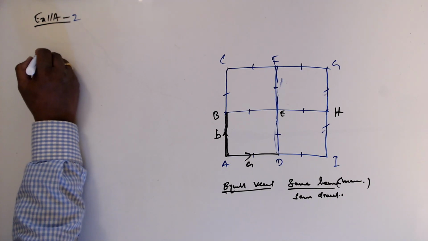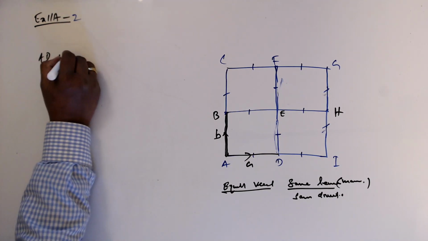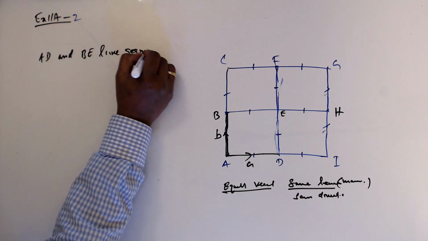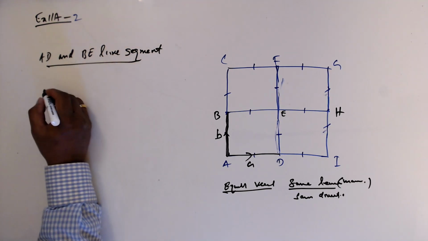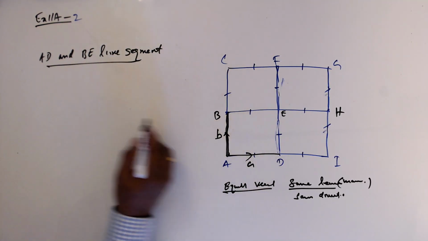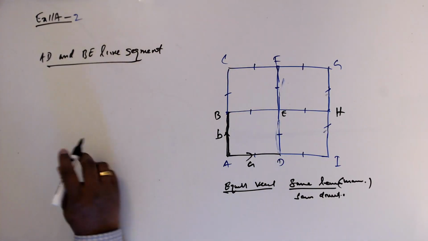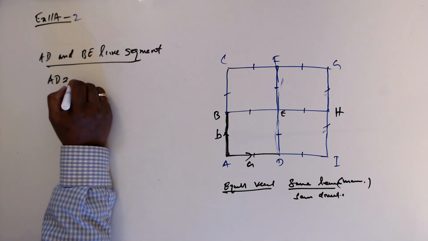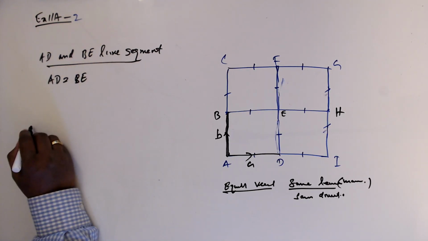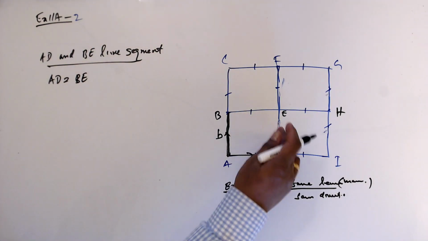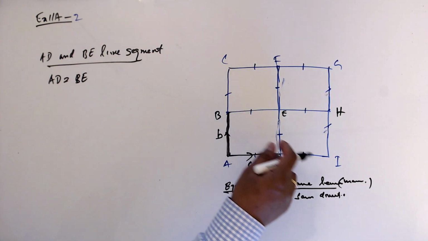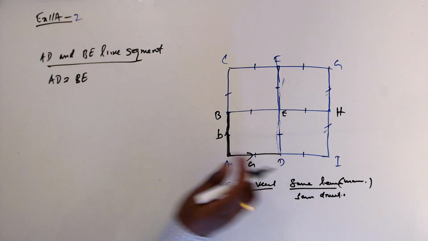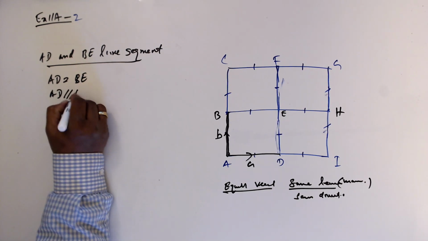First of all, I'd like to consider the AD and BE line segments. When we consider AD and BE line segments, we know AD equals BE because this is a square and the midpoint also, and this is a square as well. Simply AD equals BE, and we know AD is parallel to BE.